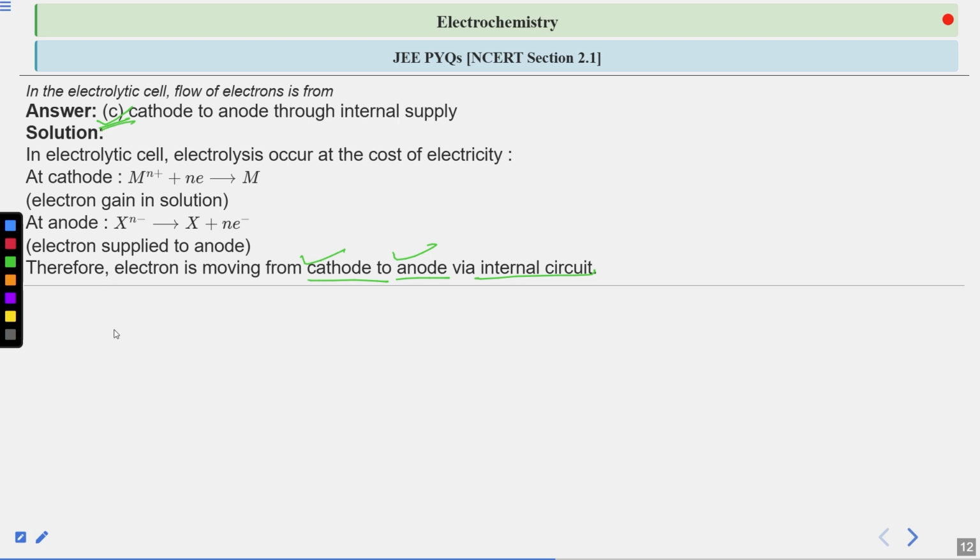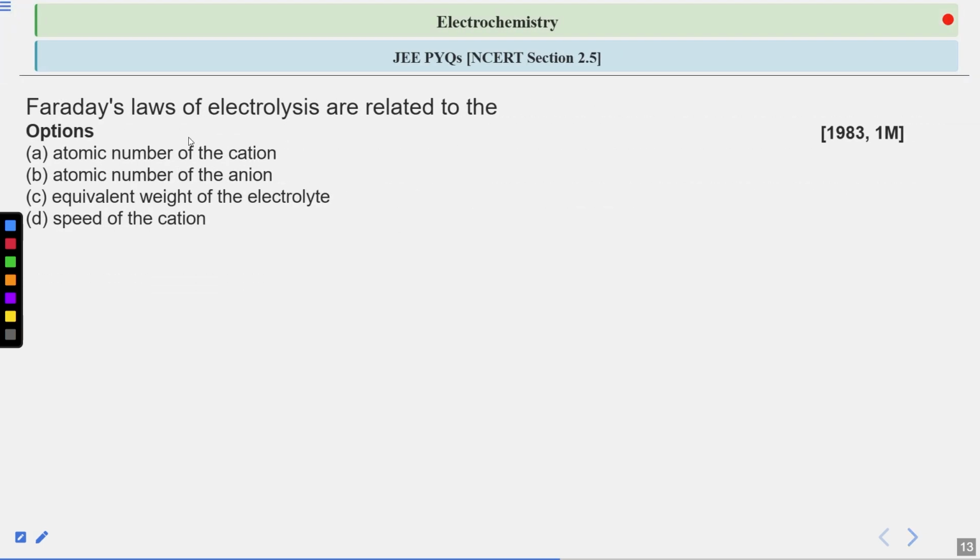Okay, let's move on to our next question. This is a JEE PYQ question, and this is covering NCERT section 2.5. The question says that Faraday's laws of electrolysis are related to the. So the laws given by Faraday for electrolysis are related to which concept?